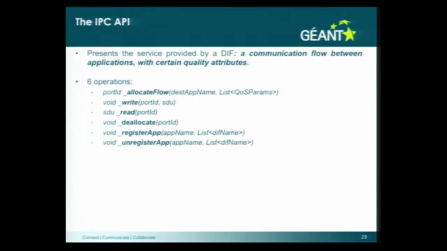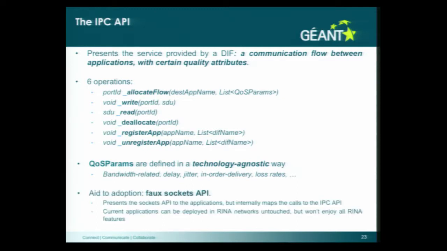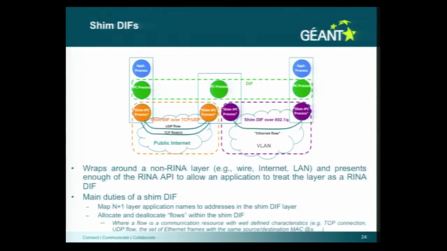And you can write and read packets to that certain application or certain DIF. So the QoS parameters are defined in a technology agnostic way. There's still a lot of work to be done there to do that correctly, and it's not that easy. And in order to aid adoption, there's also a full sockets API which just translates socket calls to Rina calls.